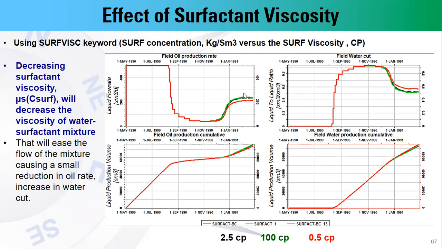Increasing the viscosity of surfactant is better in terms of cumulative production or oil production rate.